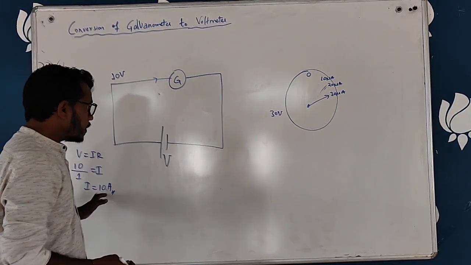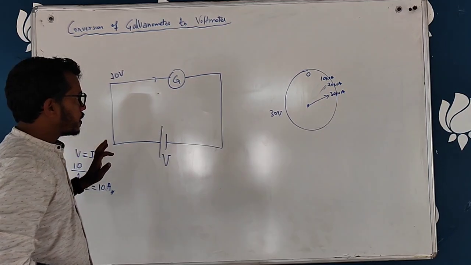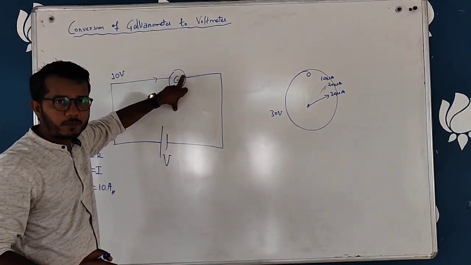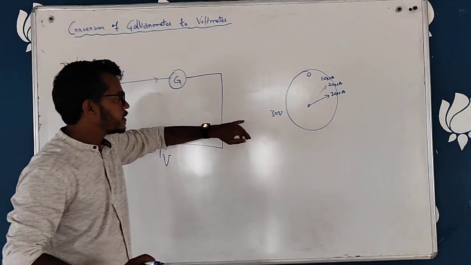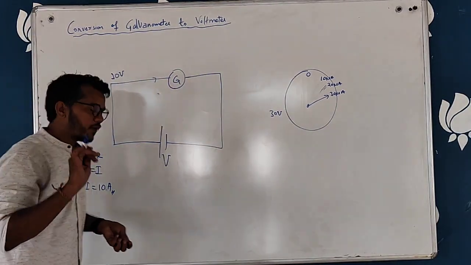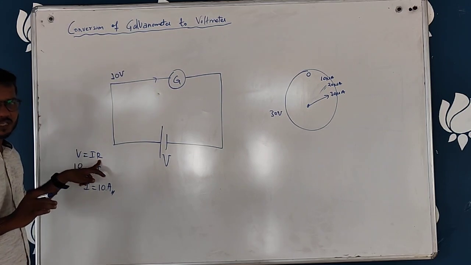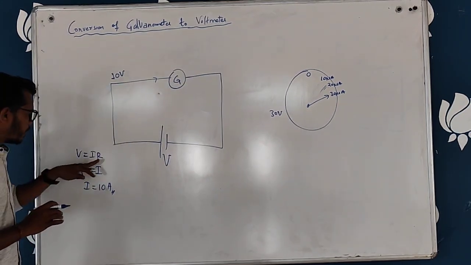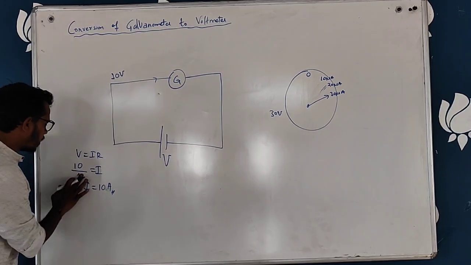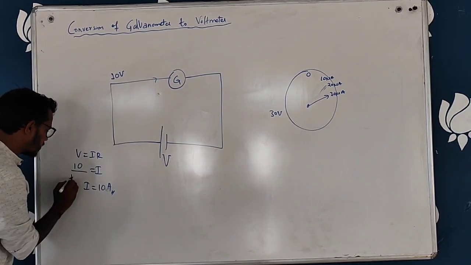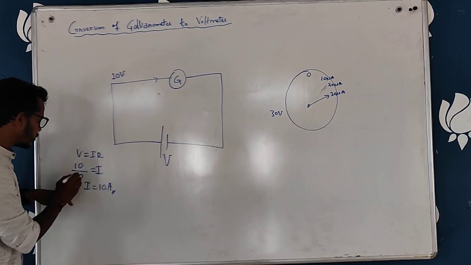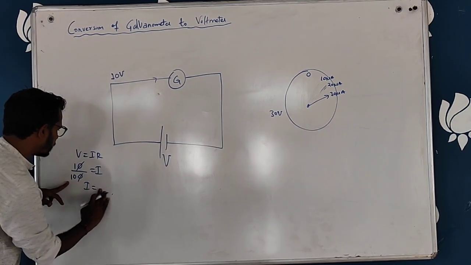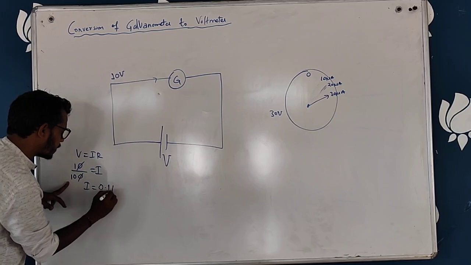This 10 ampere may damage this galvanometer. So our main idea is, if I use a higher resistance value in this circuit, for example if I take 100 ohm resistance, then my current value reduces to 1 by 10, which is nothing but 0.1 ampere.